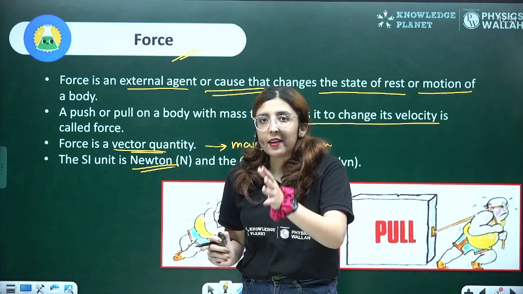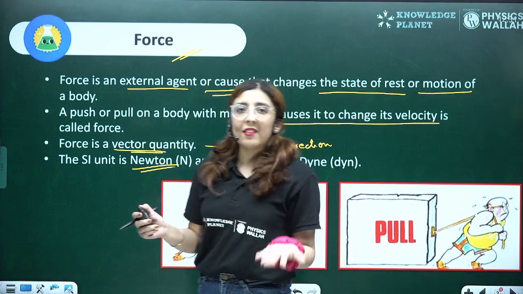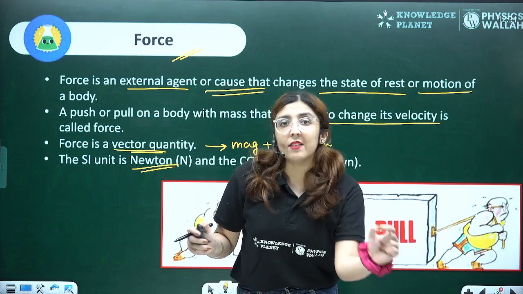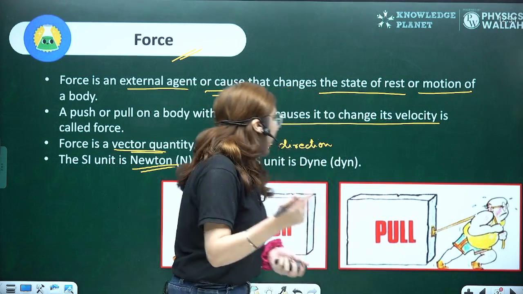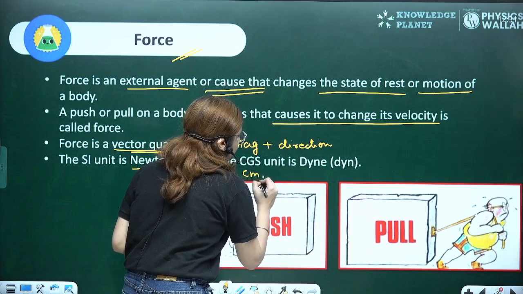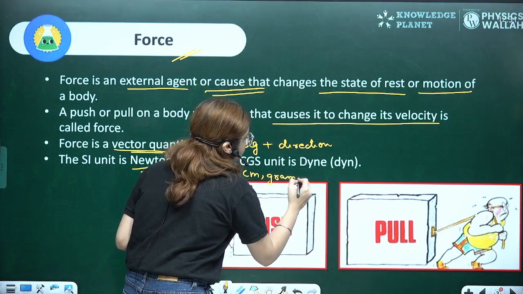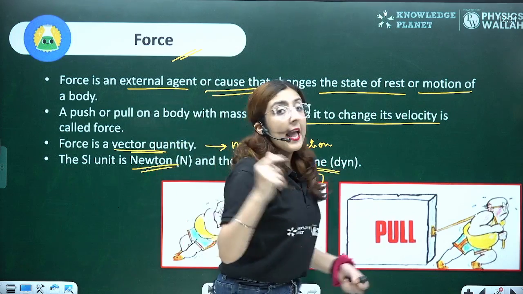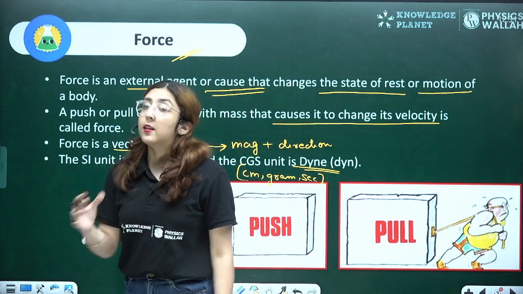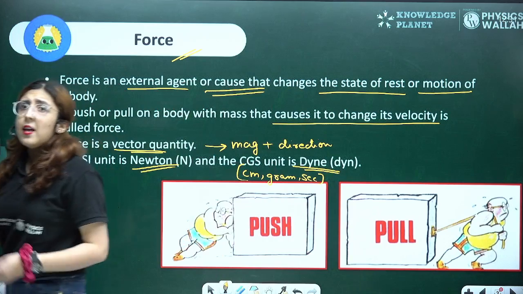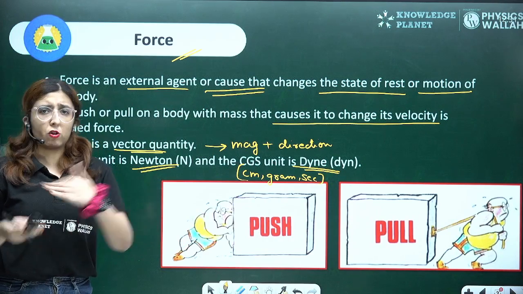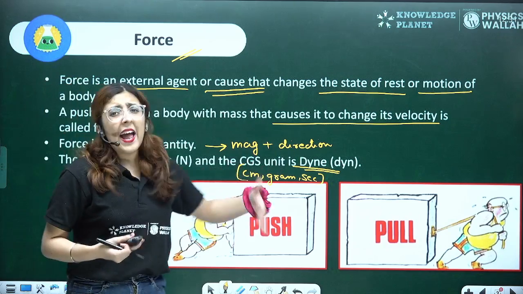If I am measuring the length of a pencil, the SI unit will be meter. The CGS unit, smaller unit, centimeter, gram, second, and the unit of force will be dyne, D-Y-N-E, with D-Y-N as the symbol. Symbols are very, very important. Without symbols, you are stating half the information. Try to use symbols.